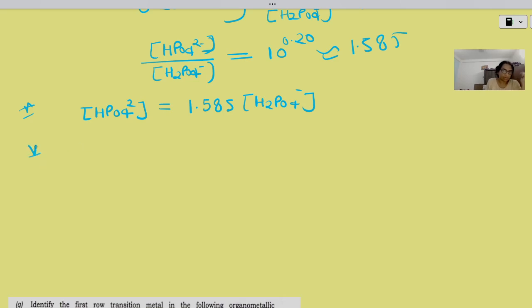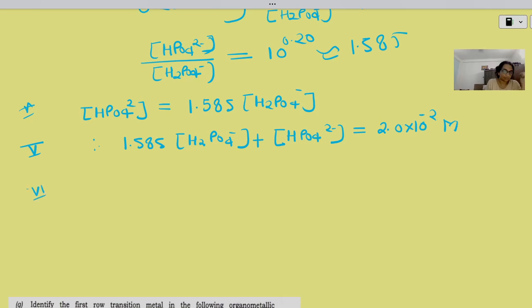The total concentration means 1.585 times the concentration of H2PO4 negative plus the concentration of H2PO4 negative, which is equal to 2.0 × 10^-2 M.